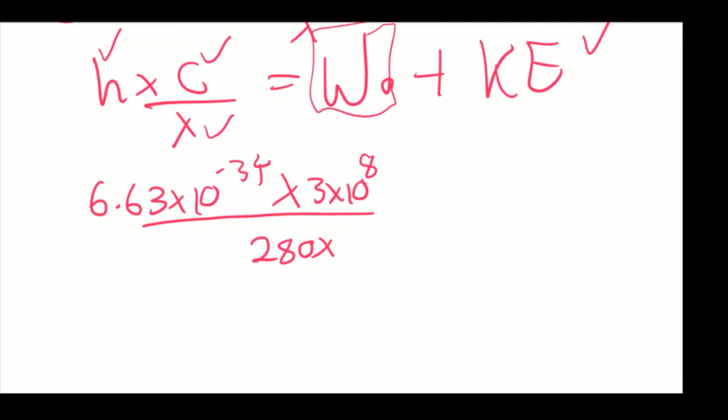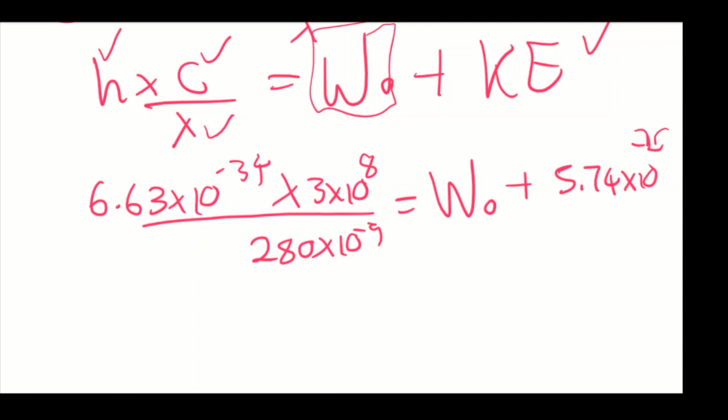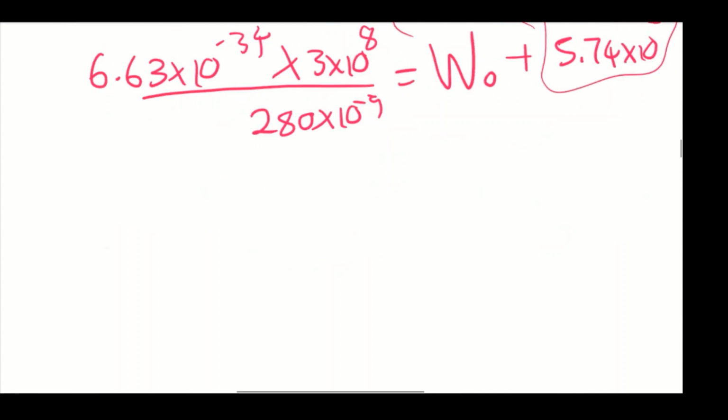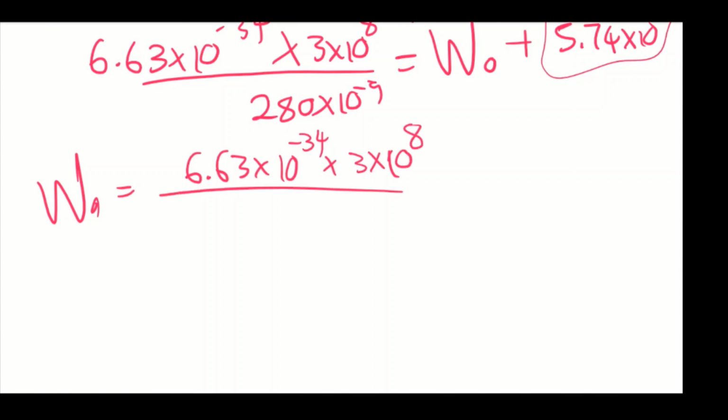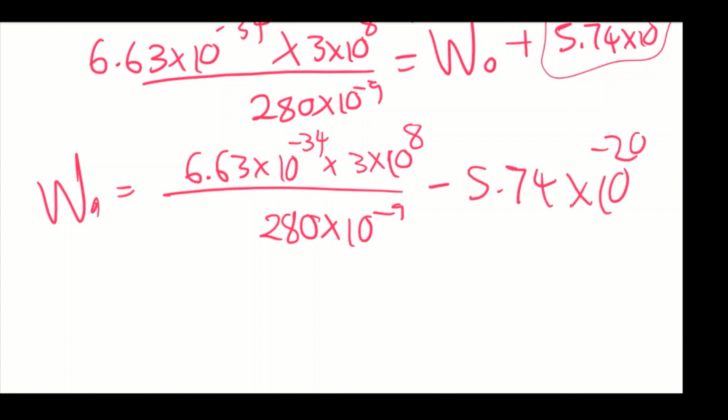Because it's nano, it's 10 to the power of minus 9 meters, equals work plus our kinetic energy, which is 5.74 times 10 to the power of minus 20, right? So we're going to transpose this kinetic energy to the other side to find our work. So work equals 6.63 times 10 to the power of minus 34 times 3 times 10 to the power of 8, divided by 280 times 10 to the power of minus 9, minus 5.74 times 10 to the power of minus 20, right?